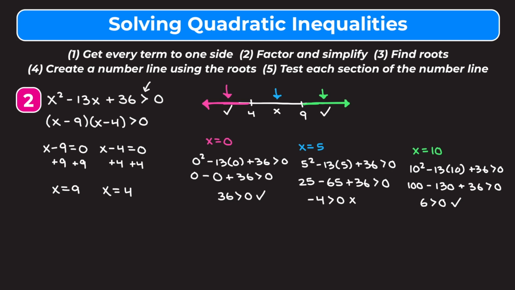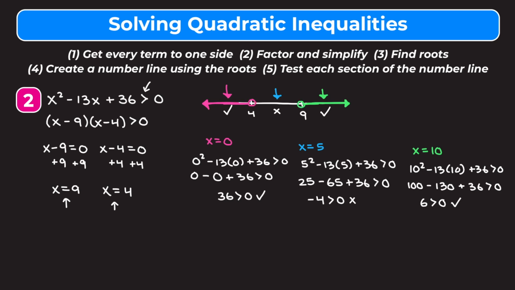It cannot equal 0 this time. And we know that x equals 9 and x equals 4. So if we plug in those x values, that's going to turn our inequality into 0. So if we plug in 9 for x or 4 for x, we're going to get a 0 out, which is not part of our solution because we need it to be greater than 0. So I'm going to put open circles at 4 and 9 just so we know that those are not part of our solutions.